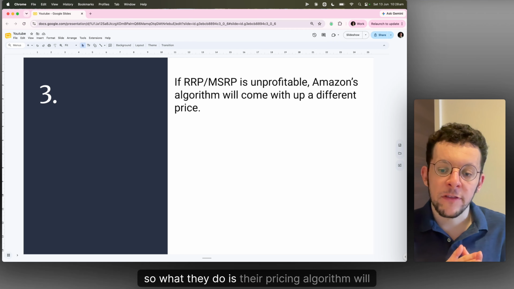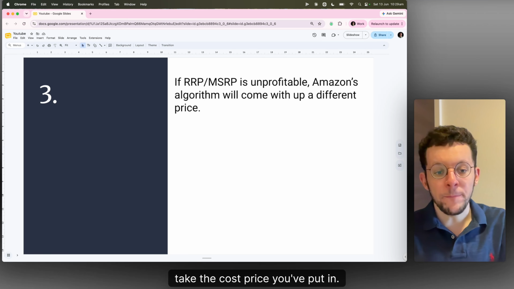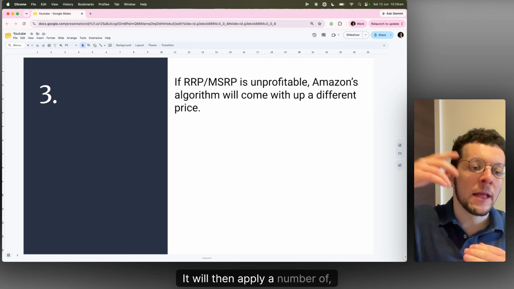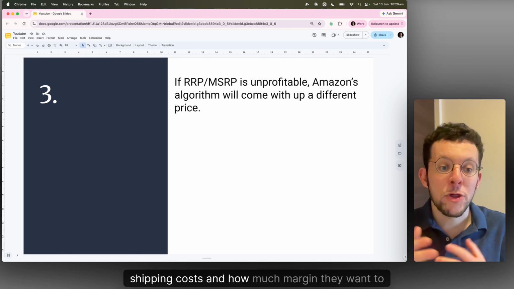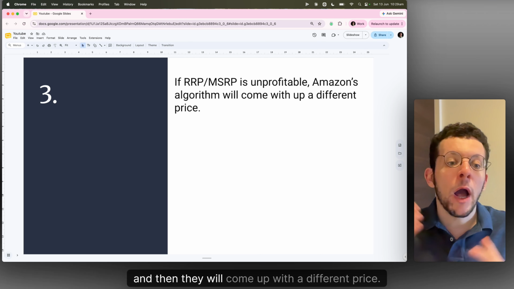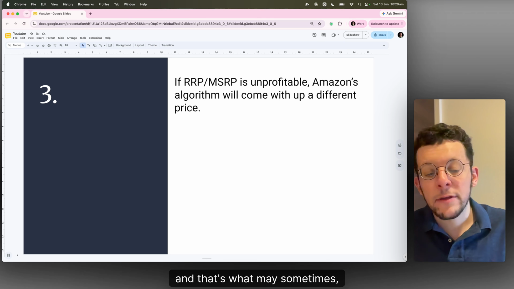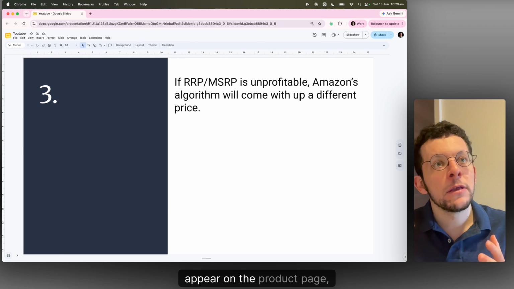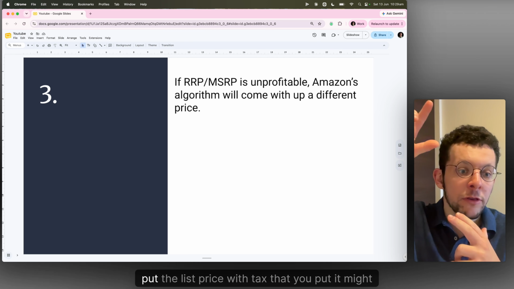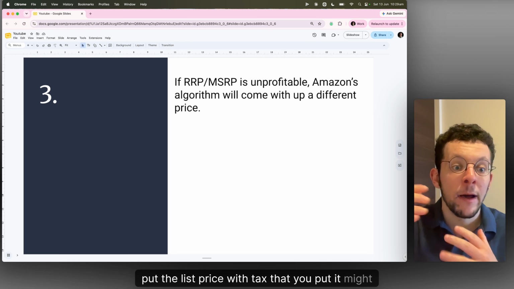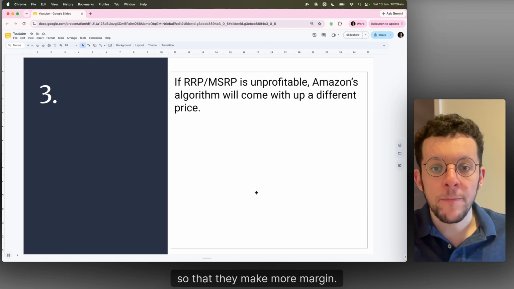What they do is their pricing algorithm will take the cost price that you've put in. It will then apply a number of markups depending on shipping costs and how much margin they want to make, and then they will come up with a different price, and that's what may sometimes appear on the product page, right? Especially if it's higher than that RRP, the list price with tax that you put, so that they make more margin.